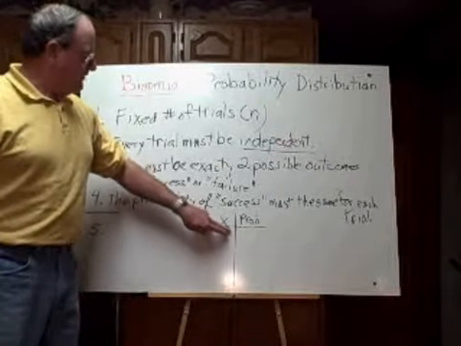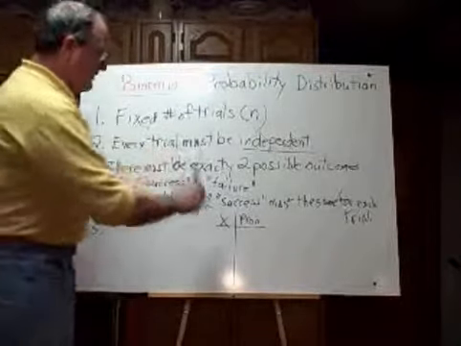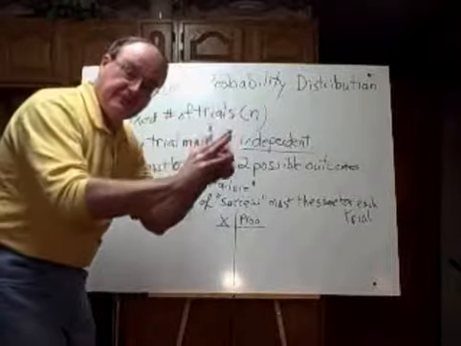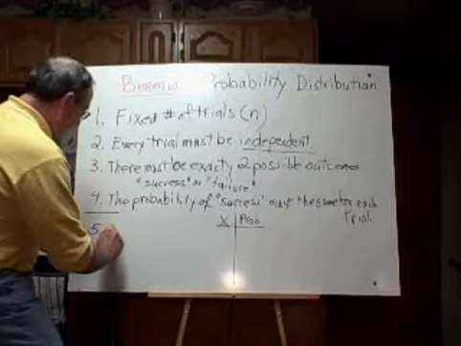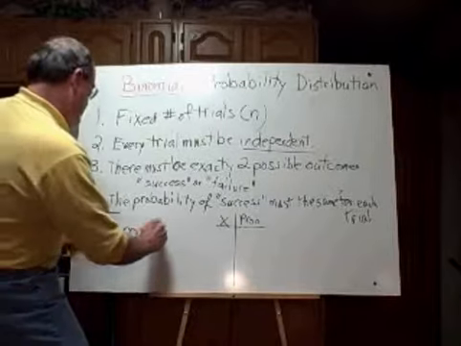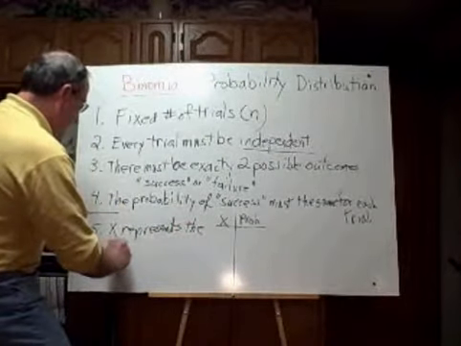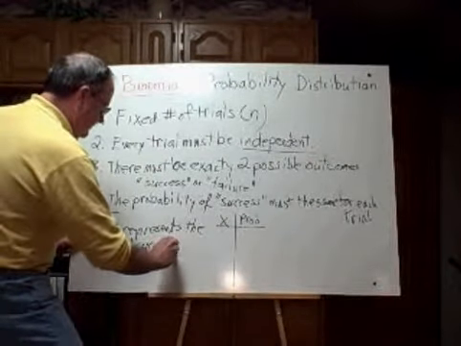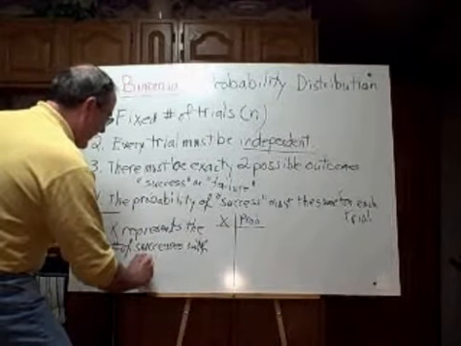Recall that the x value is the random variable, and in this case, for a binomial distribution, the random variable x represents the number of successes out of n trials.